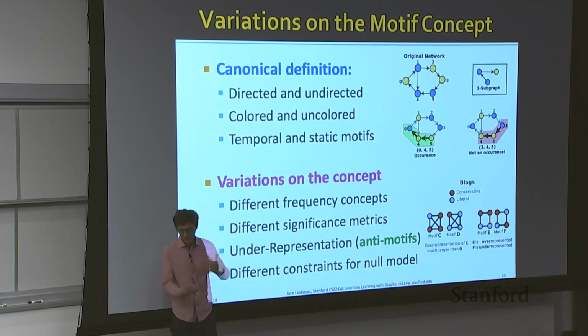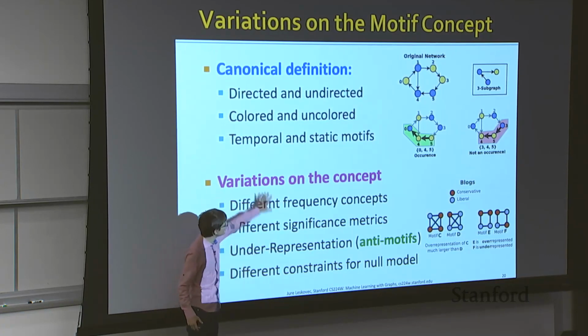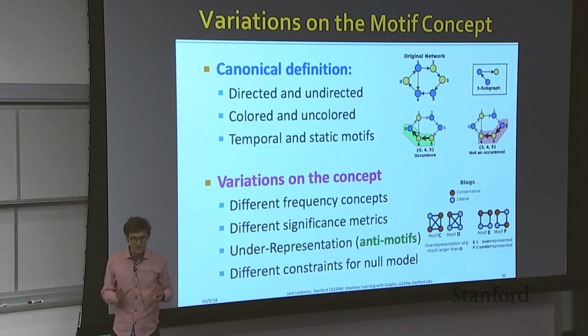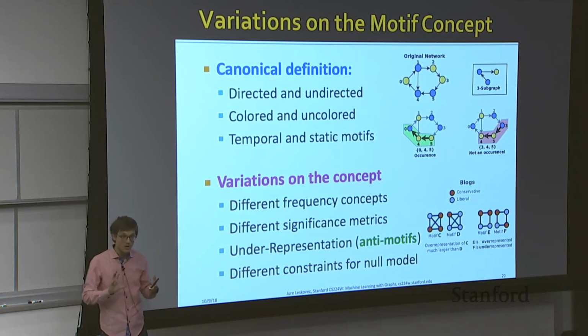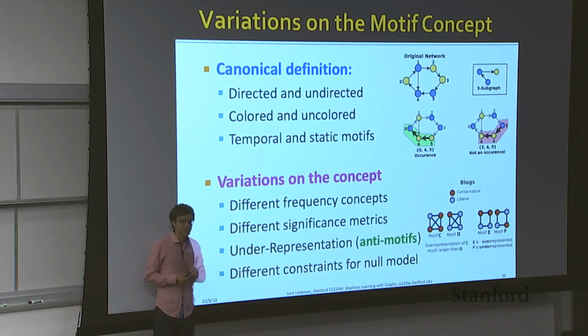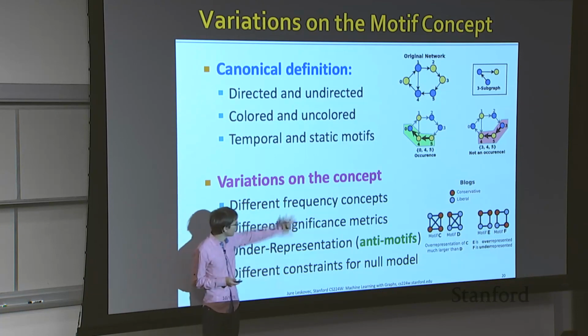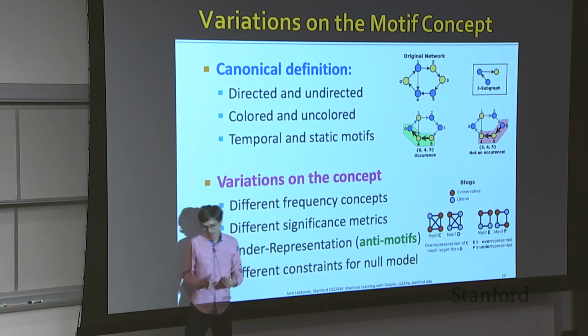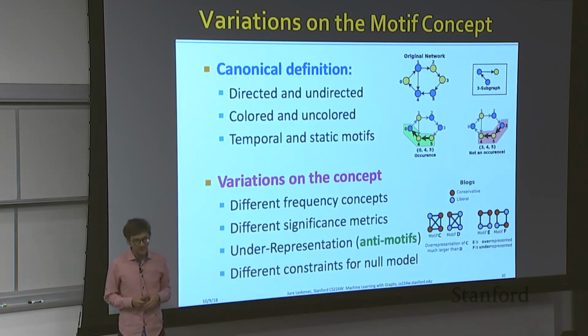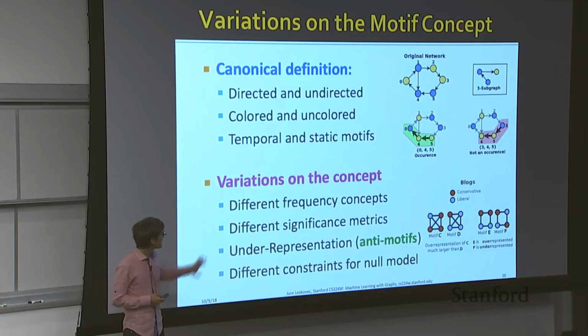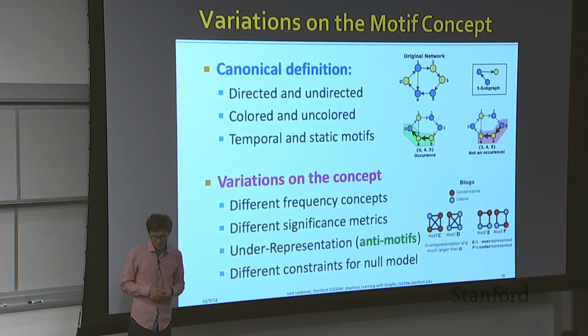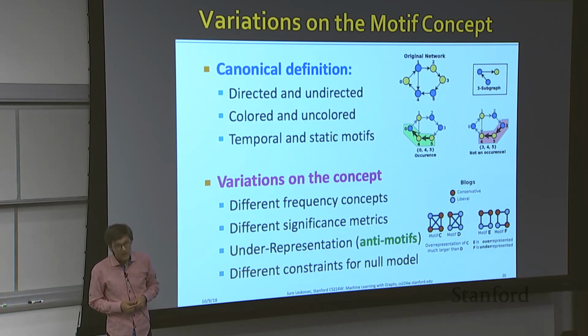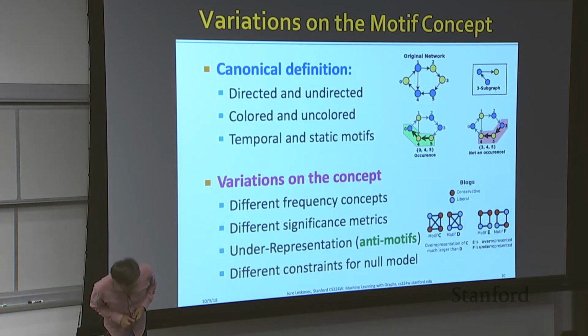So there is a huge body of work that goes in these different directions, extending the concepts that I presented. If you are interested in any of these things, I'm happy to point you to papers. There's a lot of research on this topic, and some of it we even did in our group a few years ago. Okay? So that's what I wanted to say about network motifs.